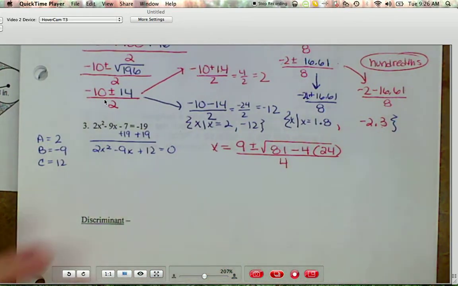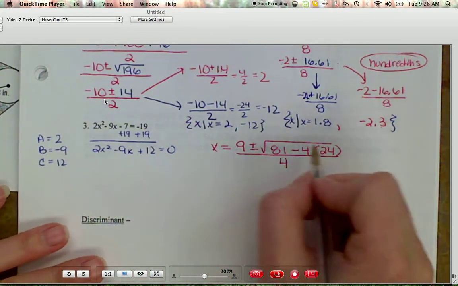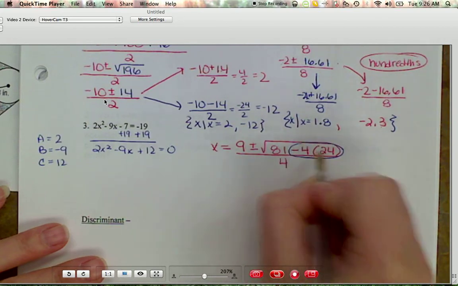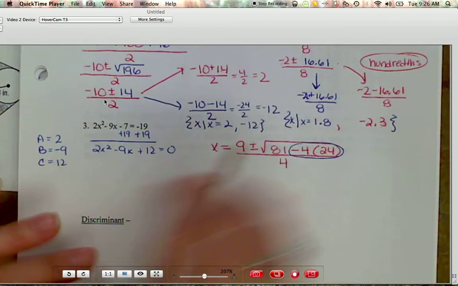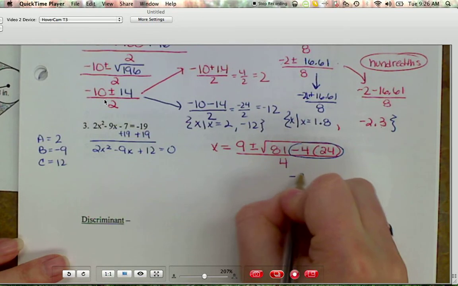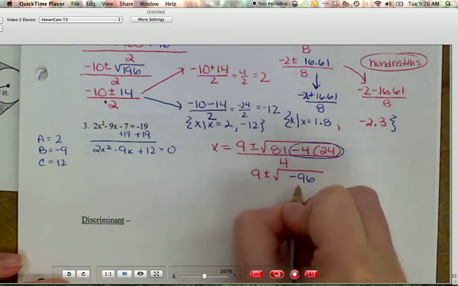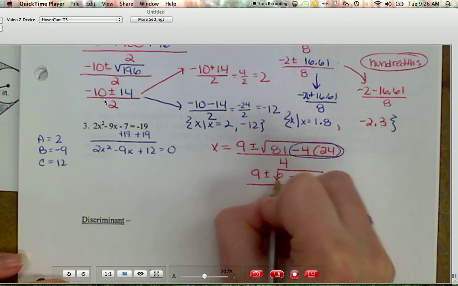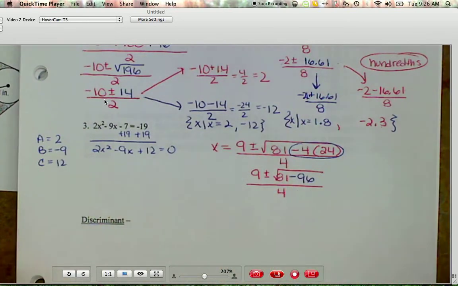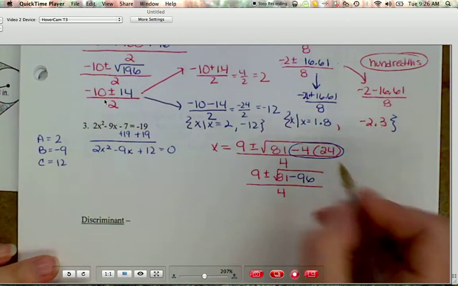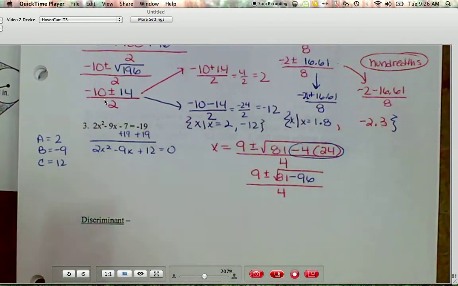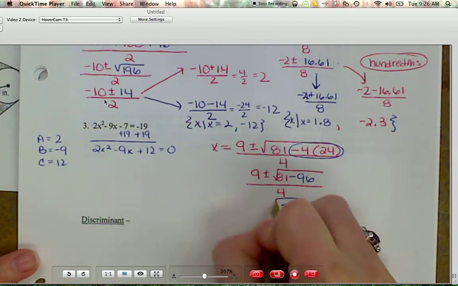This one is a little different, because when we multiply negative 4 times 24, we get negative 96. So this is what we end up with: 9 plus or minus the square root of 81 minus 96 over 4. And 81 minus 96 gives us negative 15.